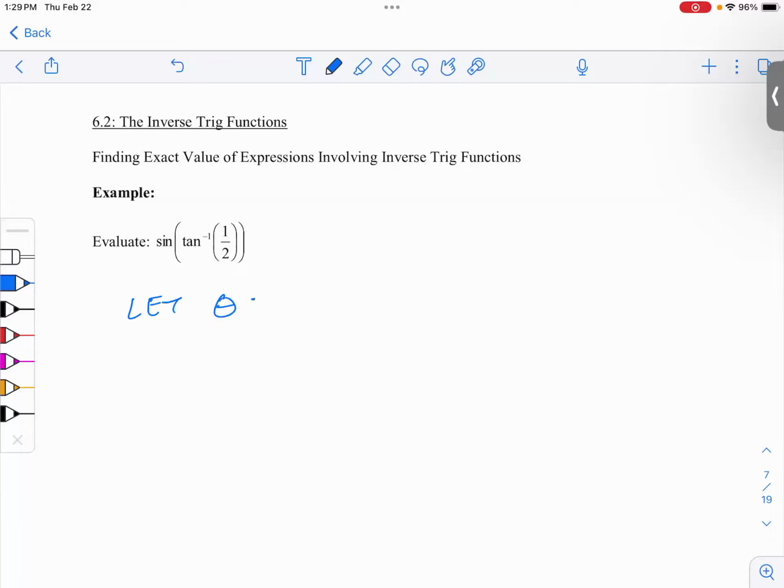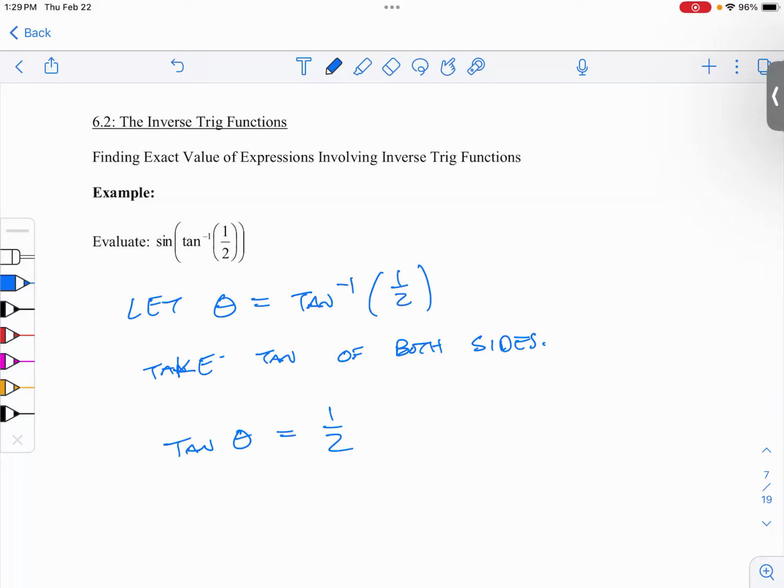Let theta equal tan inverse of 1/2. Take the tan of both sides. And tan of tan inverse, right, goes away.